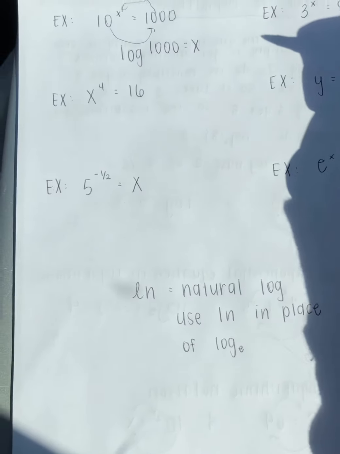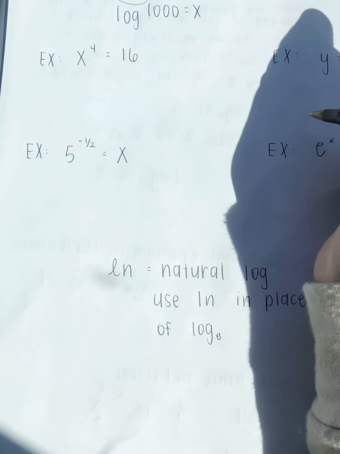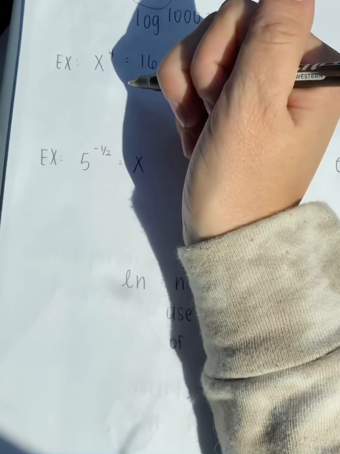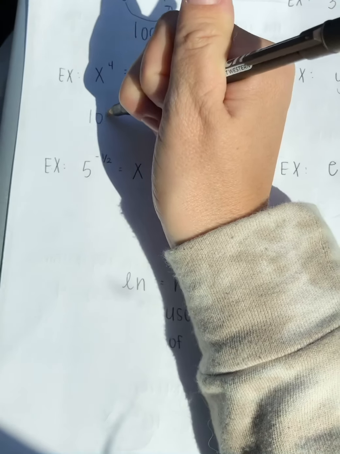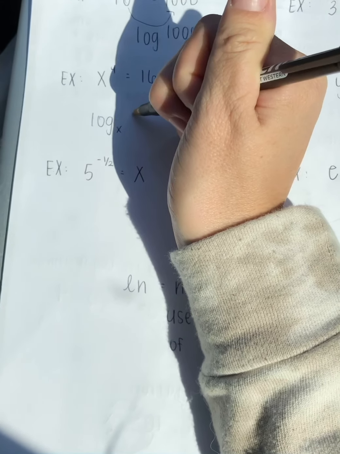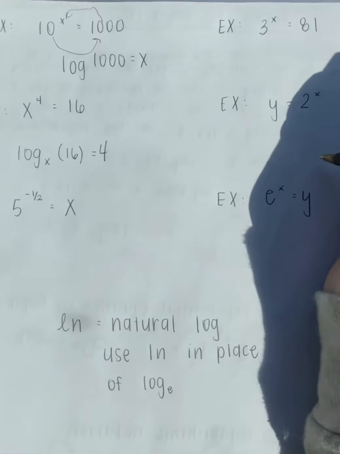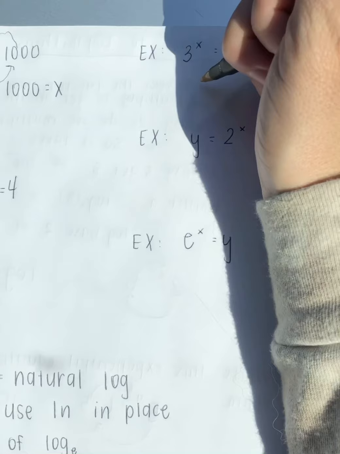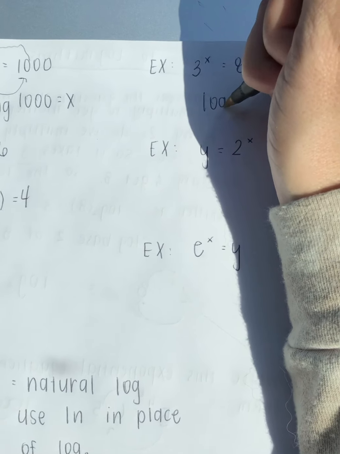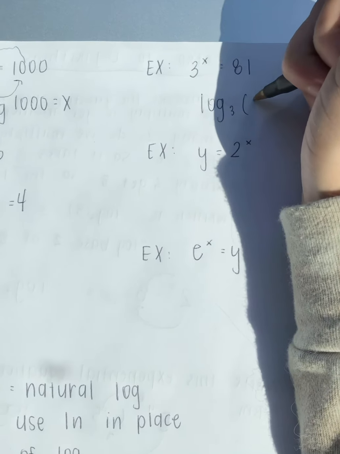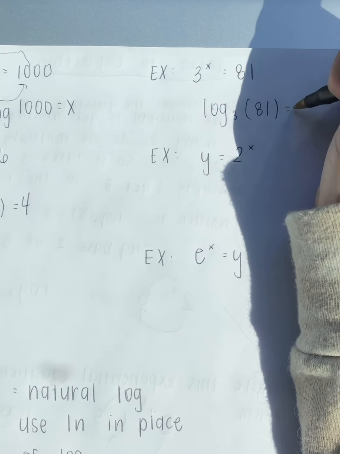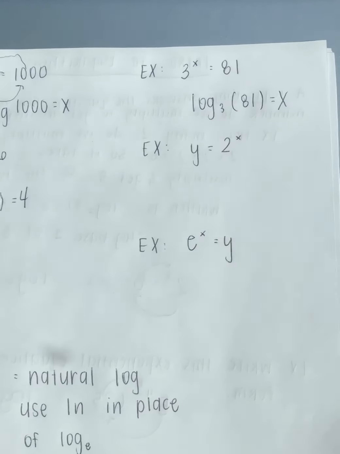Okay, let's look at another one. We have log base x of 16 equals 4, right? We have log base 3 of 81 equals x, right?